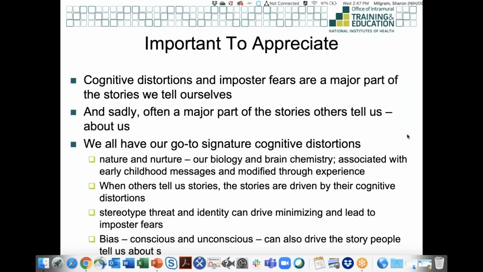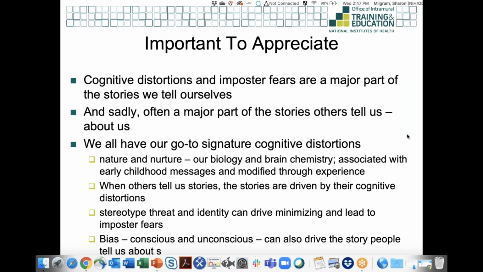And sadly, imposter fears and cognitive distortions can come from others. So people can say to us, students like you don't belong in this class. Or someone can respond to our mistake by catastrophizing it, right? So you talk to your advisor about your grades. We go back to that really good semester, one grade you're less happy about.